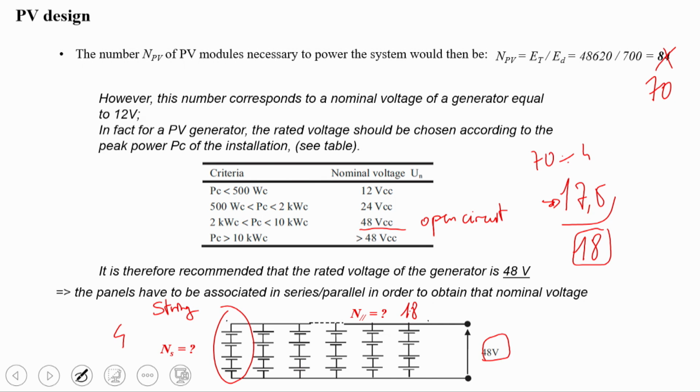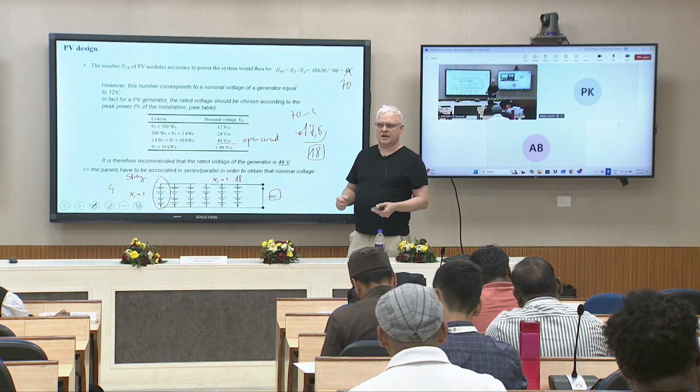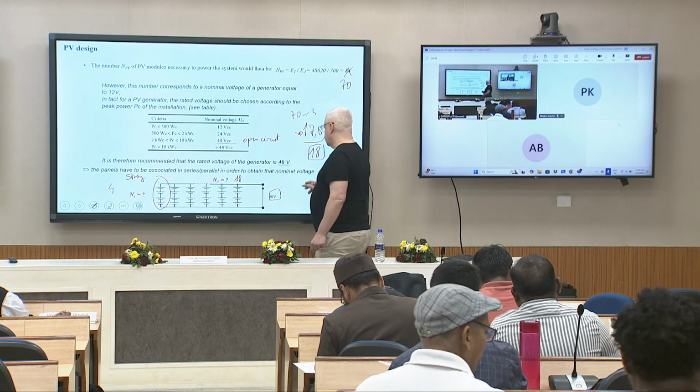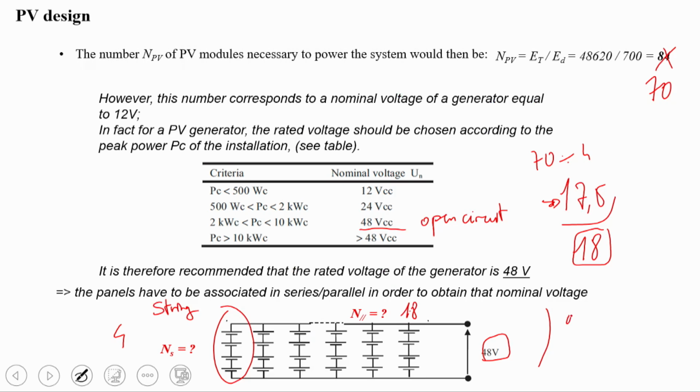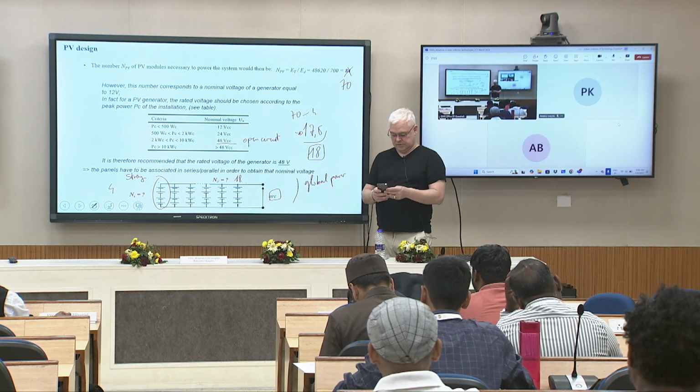So it is modifying a bit the global solar power peak of the central. Okay, can you give me the global power? So finally, it is how many PV modules?